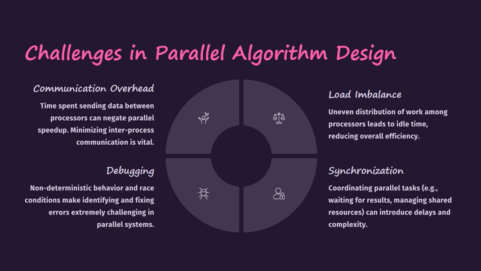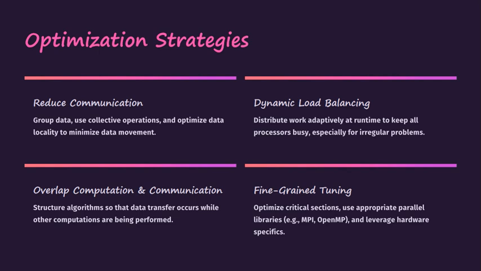Third, debugging. Non-deterministic behavior and race conditions make identifying and fixing errors extremely challenging in parallel systems. And last, synchronization. The coordination between parallel tasks can introduce delays and complexity.